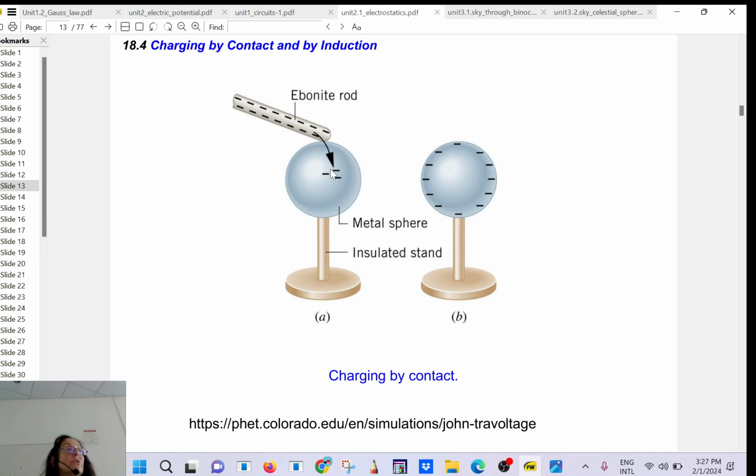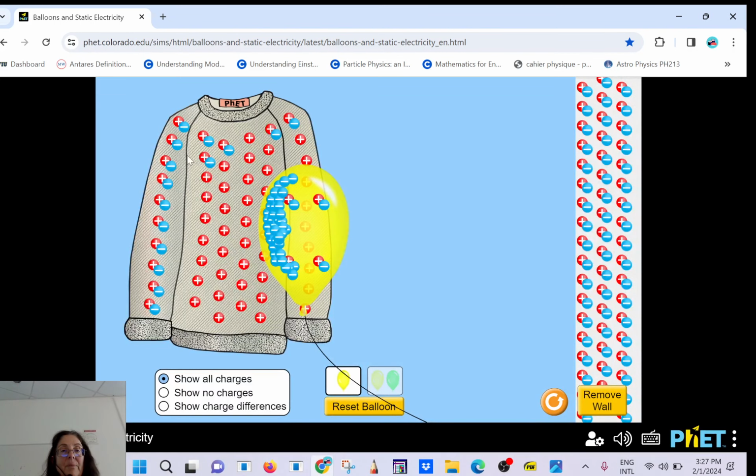But if you have a conductor, the electrons that you place here, instead of staying there, they're going to move as far as possible from each other because they hate each other. Do you see electrons inside? No. Okay, when you have a conductor, the charge always moves on the outside, as far from each other as possible.